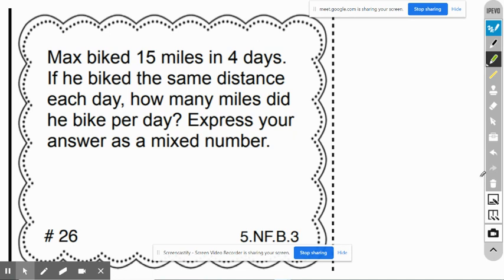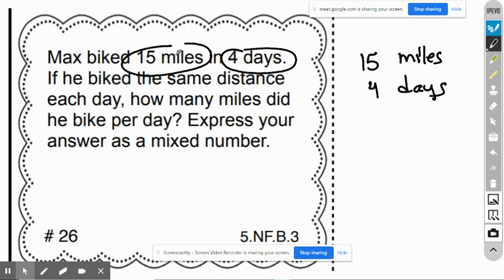Let's see. Dave, what do you think? Per day, that means each day. So what are you going to add? Well, this is 15 miles plus 4 days. That's what you're adding. What is 15 miles plus 4 days? 19 what?